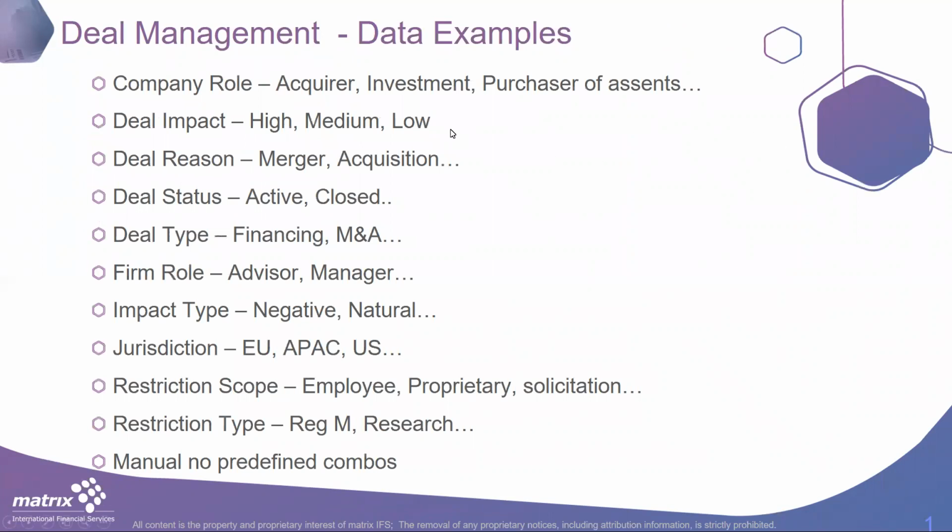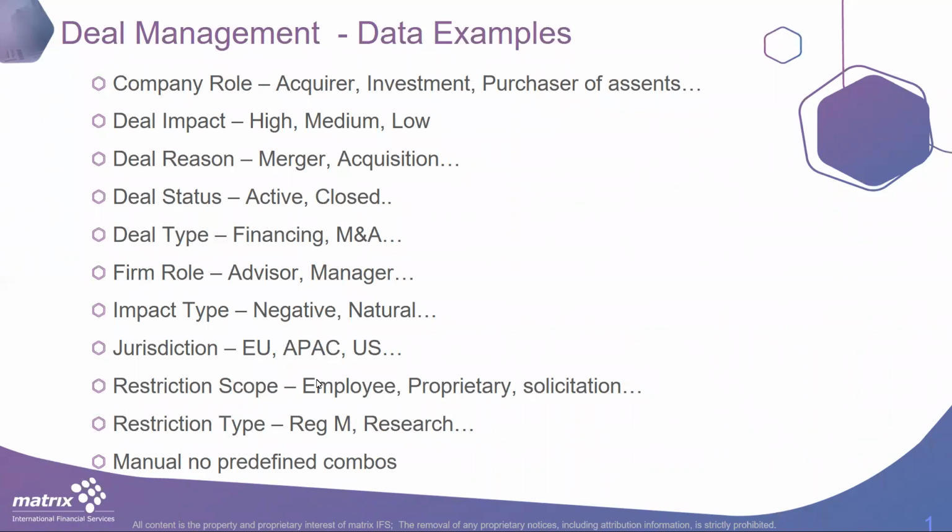So, for instance, on the role of the company, this is brought in, but to understand the impact of the different jurisdictions, the restriction scope that will come from the nature of the deal, along with restriction types, this is all entered manually and decided manually, instead of having a dedicated, automated system that, upon different pieces of information through drop-downs, combos and predefined data sets, will automatically guide you to the right workflow and to the right conflict check that needs to be triggered along the way.